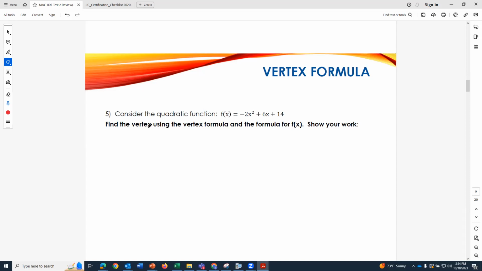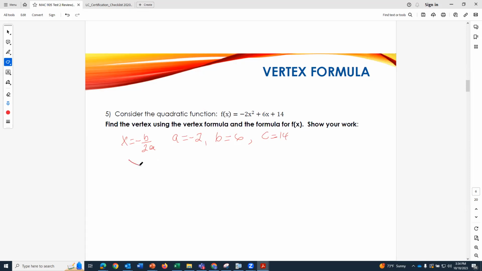The vertex formula is x equals negative b over 2a. My a is negative 2. My b is 6. And I have c equals 14, I'm not going to use that one.